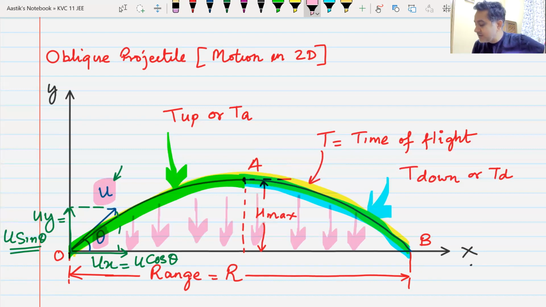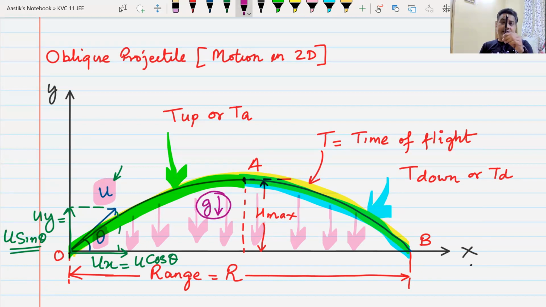Gravitational force. It is always acting downwards. What is the value of acceleration due to gravity? It is G and it is downwards. Do we understand this? Acceleration due to gravity, G, is acting downwards.